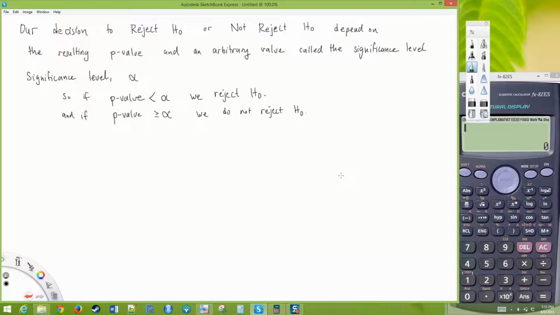Okay, and over time, and I don't know, because of tradition or whatever you want to call it, the most commonly used value of alpha is 5%.